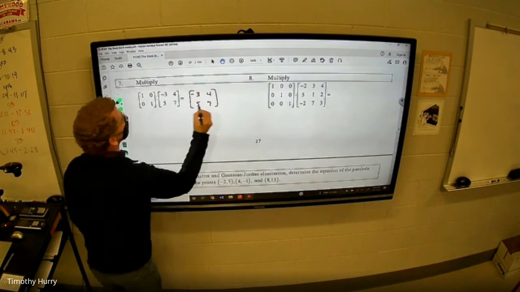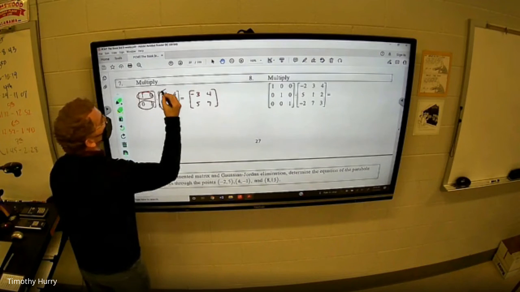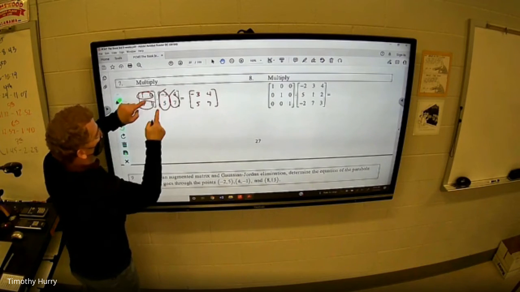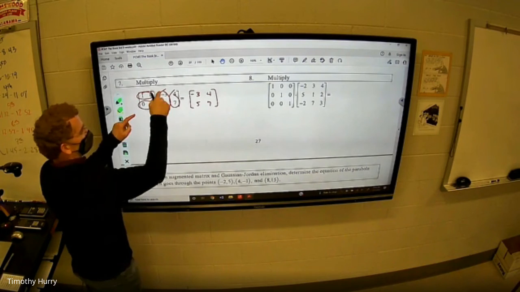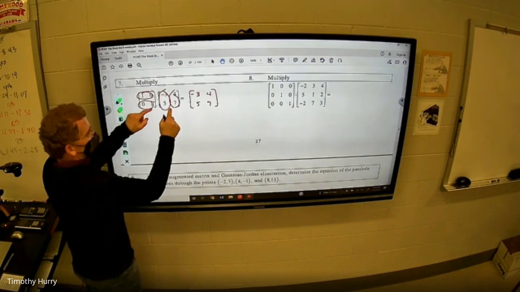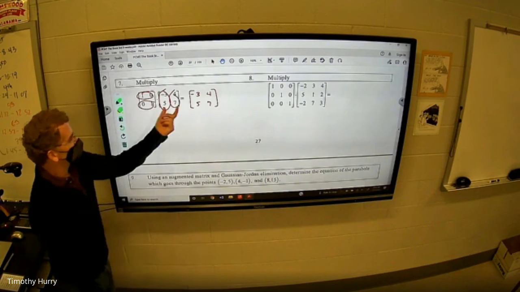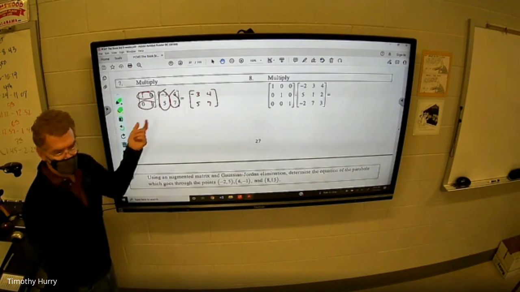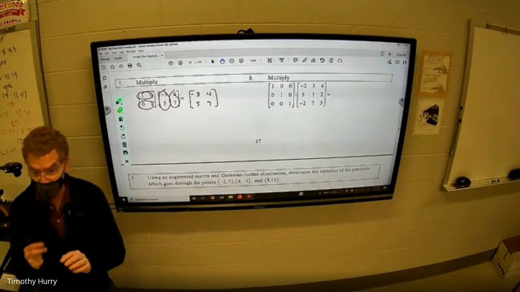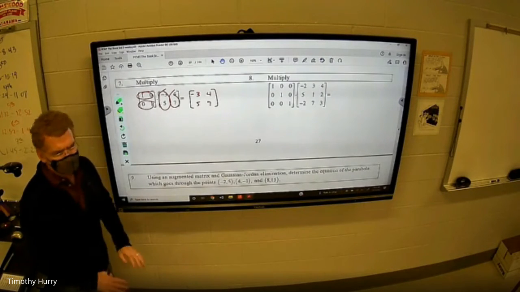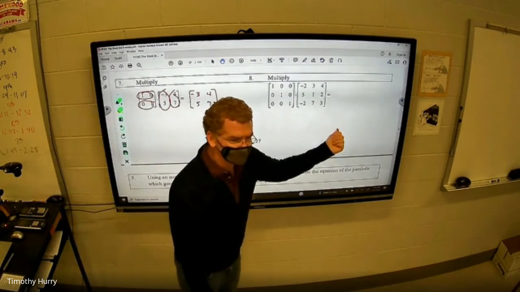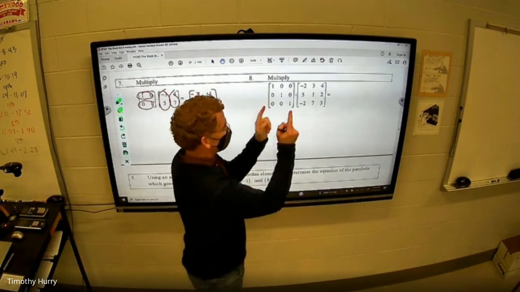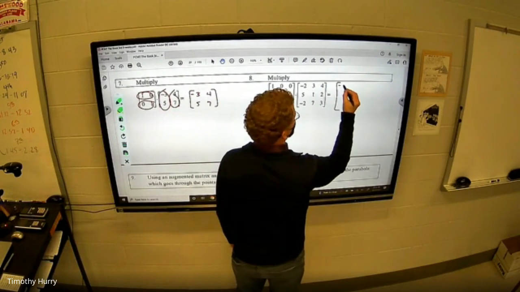And you can see it, look, rows, columns, -3, nothing, bam. 4, nothing, bam. Nothing, 5, bam. Nothing, 7, bam. And it doesn't matter whether it's on the front or the back, the identity can be on either spot. Those are actually commutative with identity elements, but not with other stuff. Same thing here, right? The identity times anything is that thing. So right here, you don't have to do the calculations.